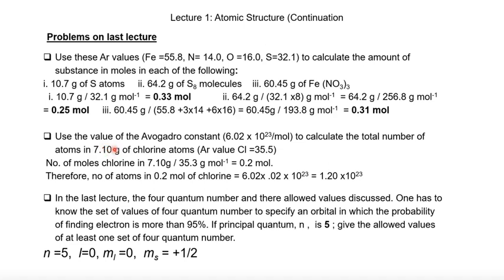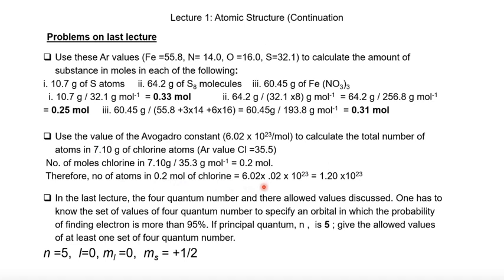First we have to find the number of moles of chlorine atoms in 7.10 gram. That we have done now. It is 0.2 mole. As we have said, the Avogadro constant is 6.02 times 10 to the power 23 per mole. So we have 0.2 mole, and therefore the number of atoms in 0.2 mole of chlorine.